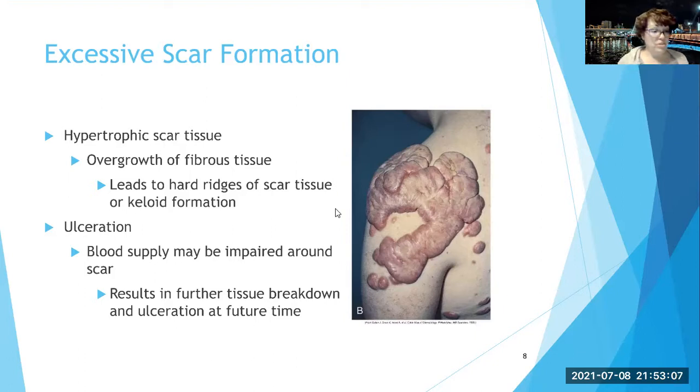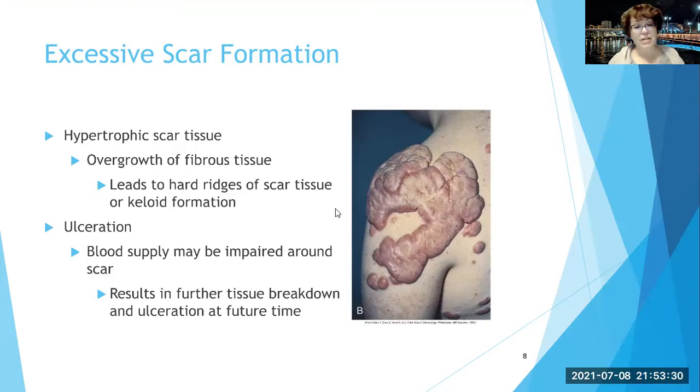So complications due to scar formations include loss of function, because we don't have normal cells there, contractures and obstructions, and adhesions. Hypertrophic scar tissue is overgrowth of fibrous tissue that leads to hard ridges of scar tissue or keloid formation.